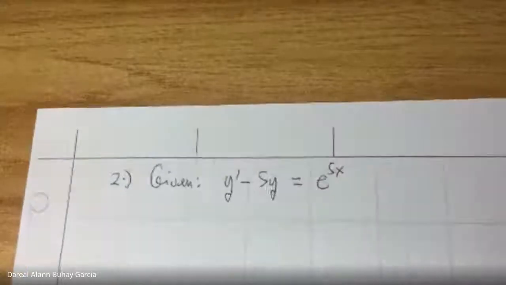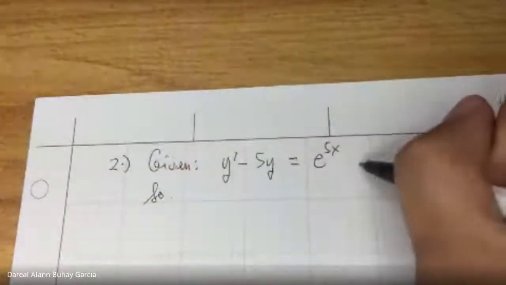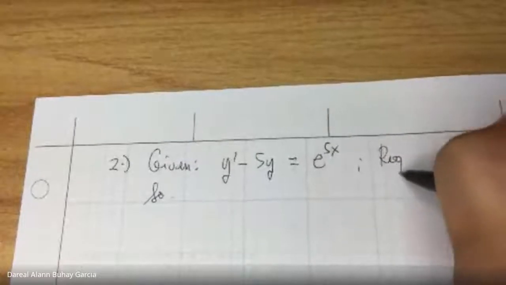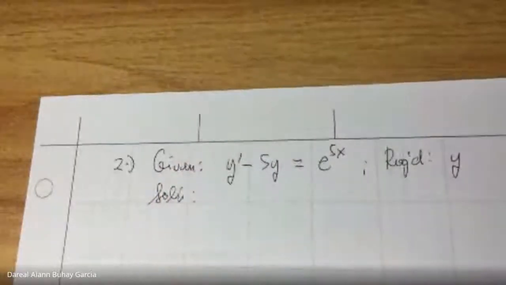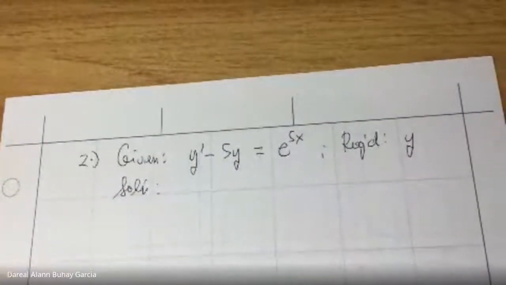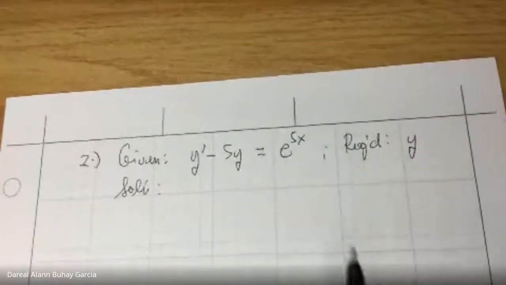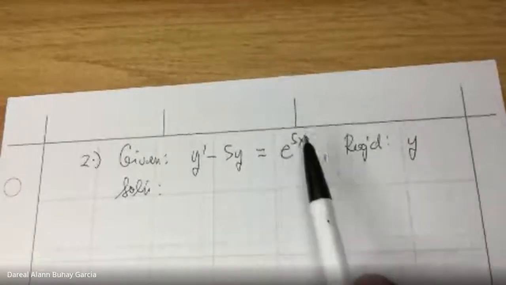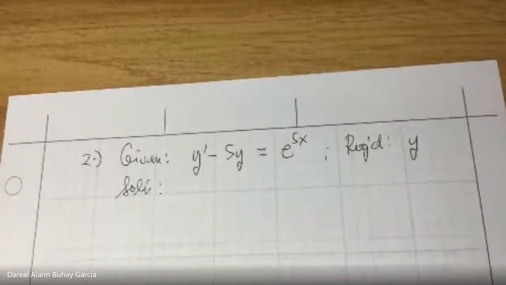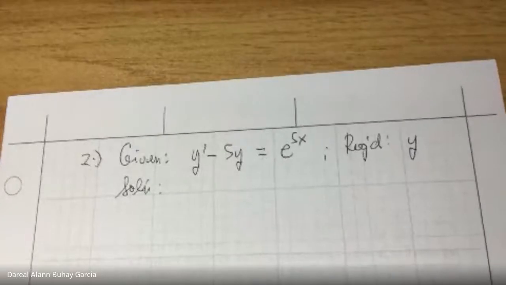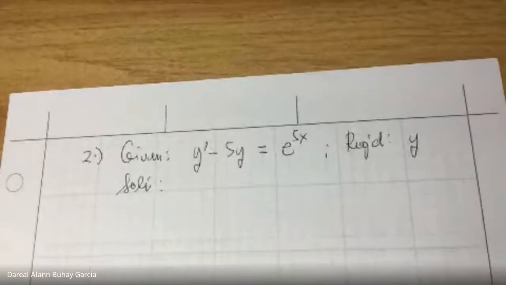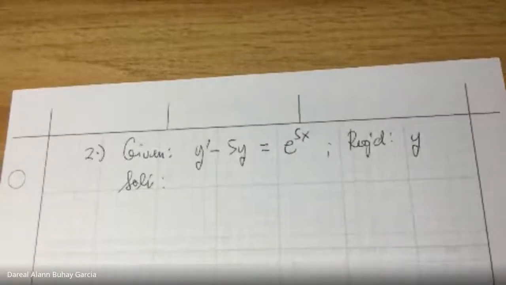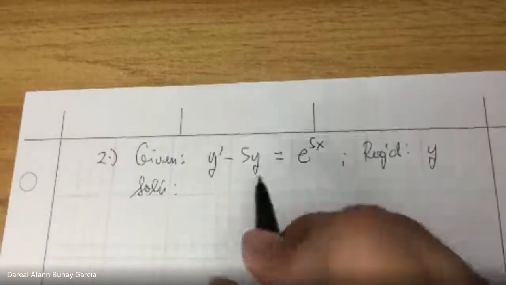How about this one? The difference from the previous one is that it is no longer homogeneous. It is non-homogeneous. So the first step is Laplace everything.